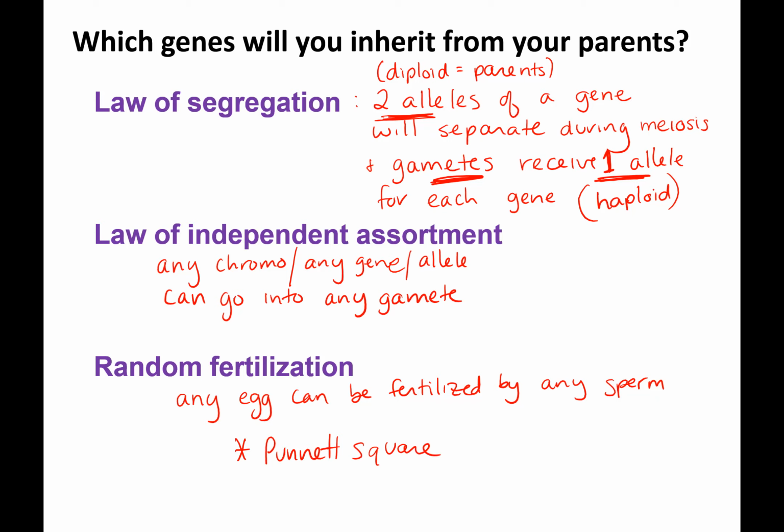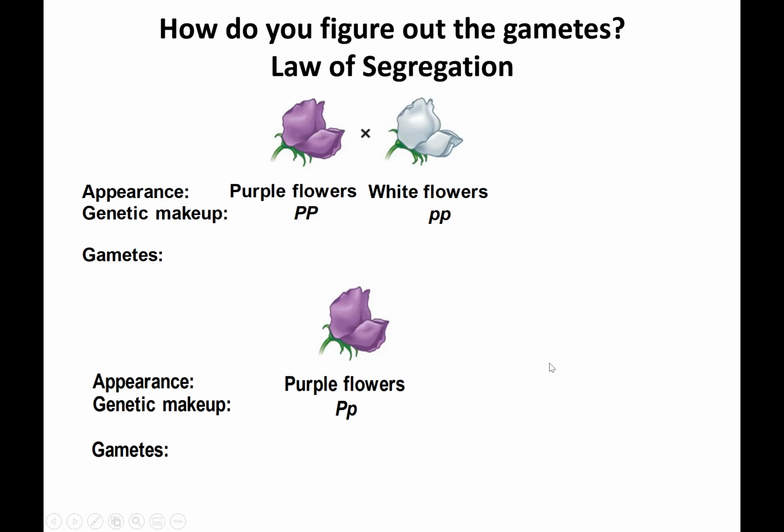Okay. So let's look at these a little more closely. All right. So the law of segregation. Here are your two parents. We have a purple flower and we have a white flower. That is their phenotype. And we are told that their genotype is homozygous dominant and homozygous recessive, so that's their genotype. And you figure out the gametes.